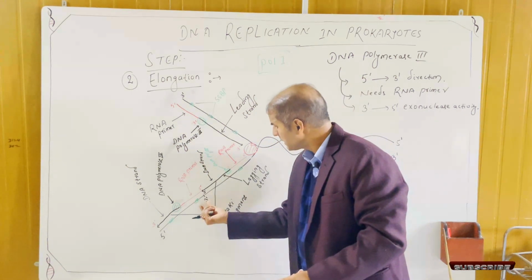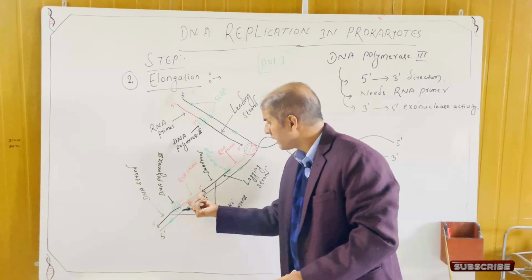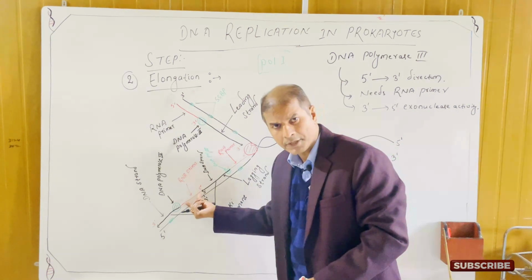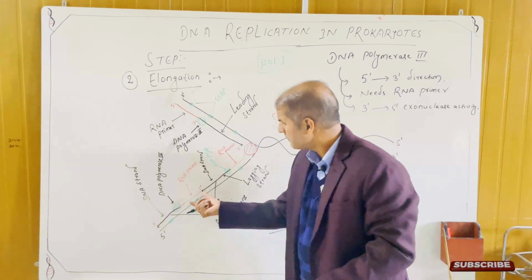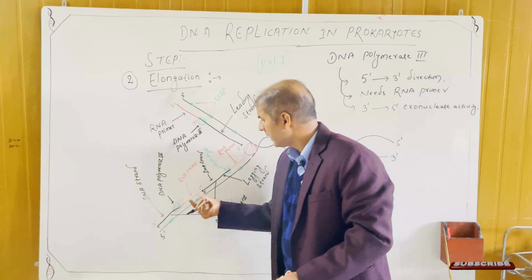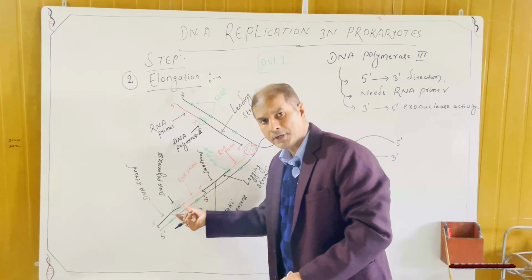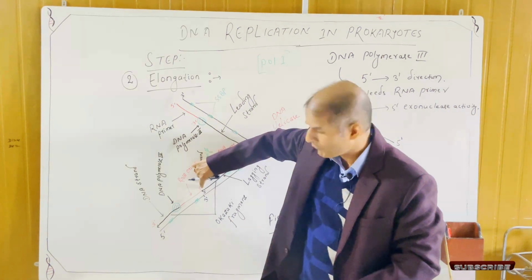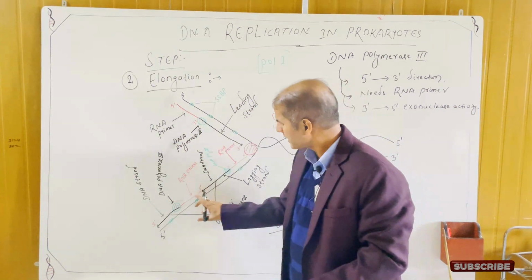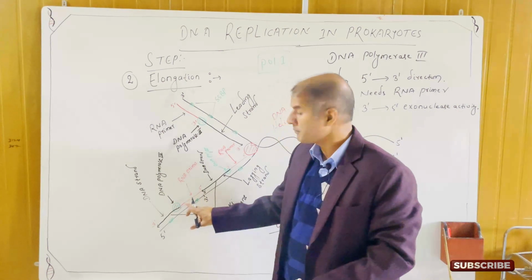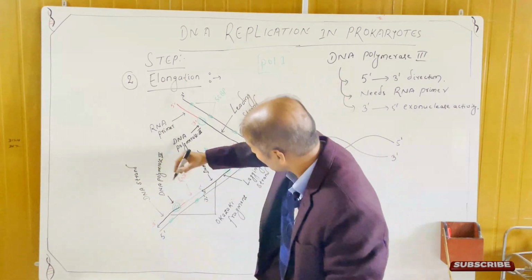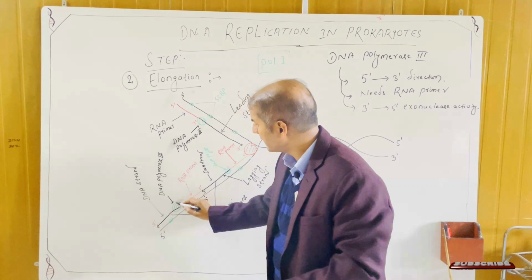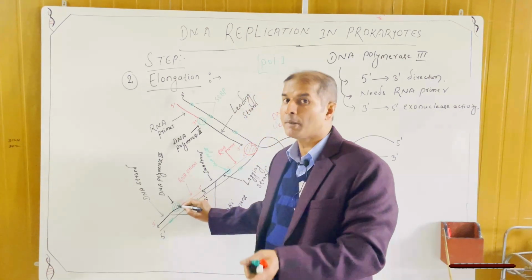So at this 3' end, RNA primer can easily be synthesized, and primase enzyme comes and puts one RNA primer at this segment, and the RNA primer will get polarity 5' at this point. Once RNA primer is synthesized by a primase enzyme, DNA polymerase will bind at the 3' end of RNA primer.